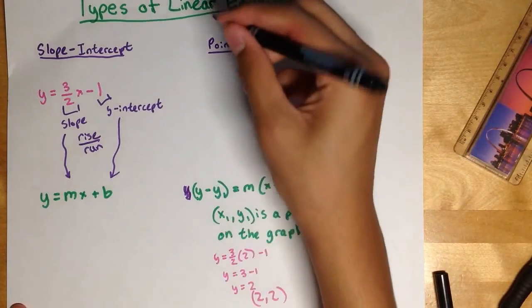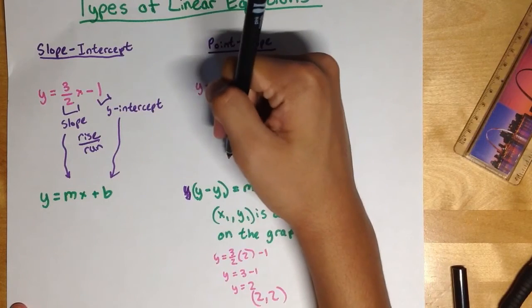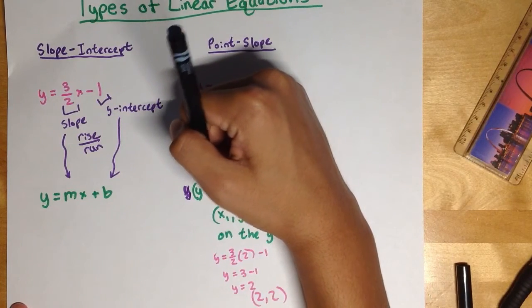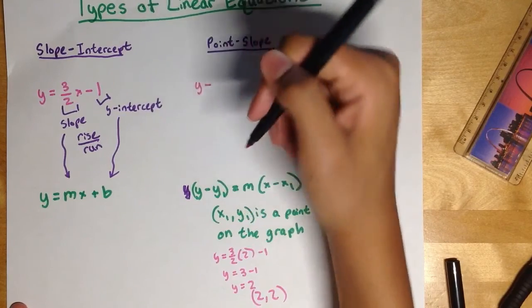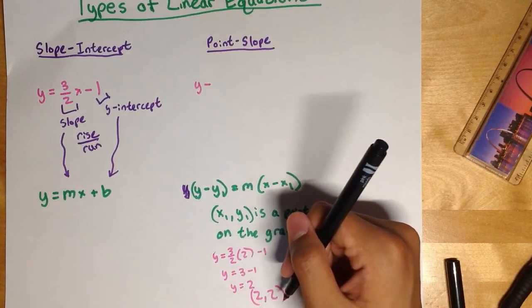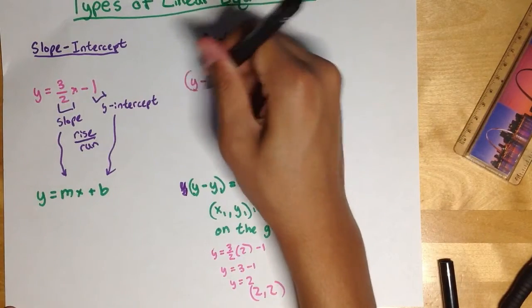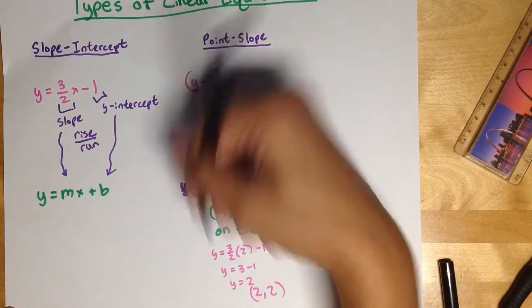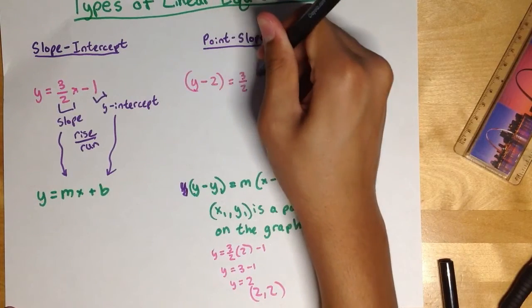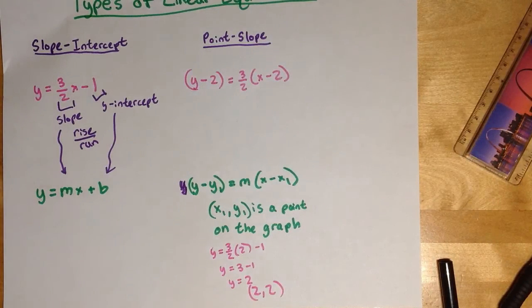To plug that into this format, it's important to know you get y minus 2. It's going to be y minus this number. So if it was a negative 2, you would say y plus 2. So y minus 2 equals, and we know our slope is 3/2, times x minus 2, and you're done. This is also a valid format of equation.